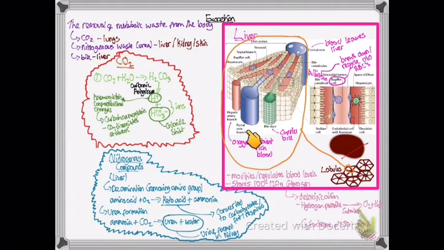Then we've got our portal vein, the hepatic portal vein, and that is the vein from the digestive system, which has got all these nutrients, all these compounds, as well as a lot of waste material from digestion, and they bring it here as well. So that's nutrient-rich blood.